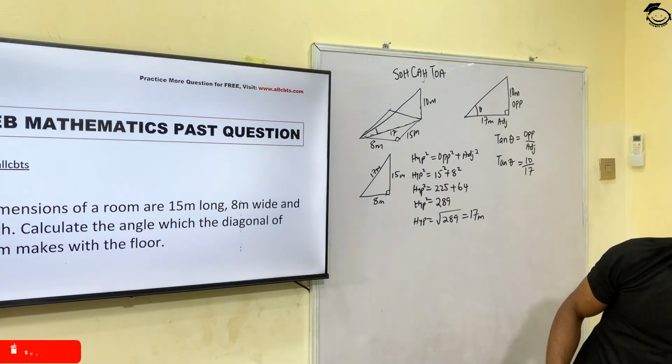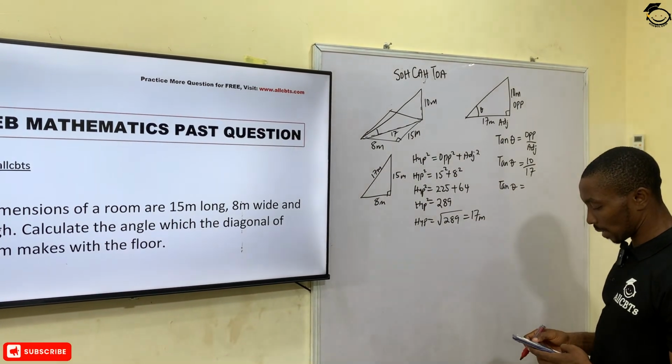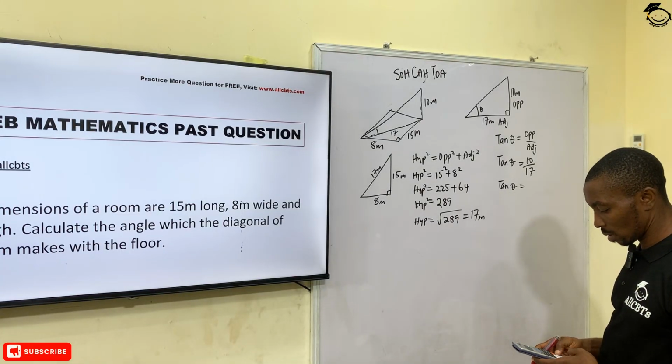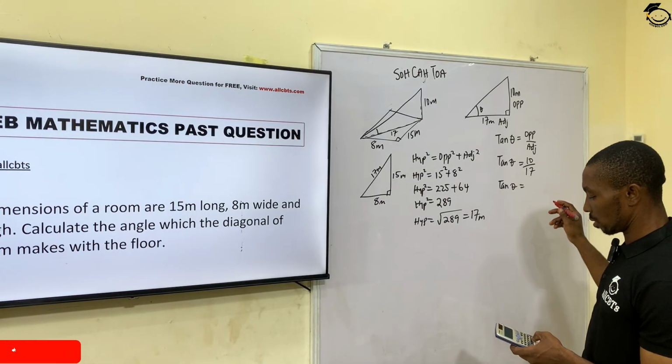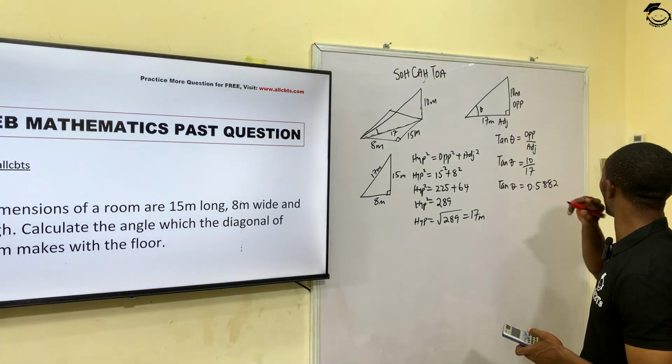So our tan theta would be 10 divided by 17, which would give us 0.5882.